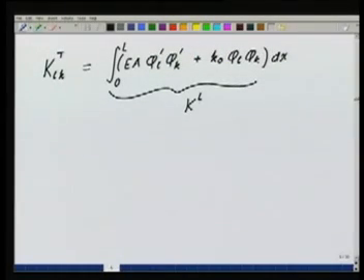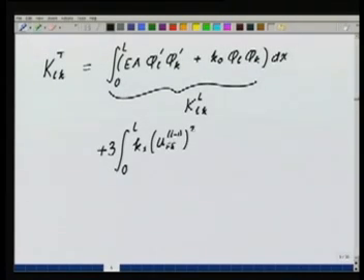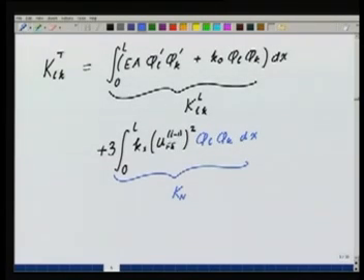Once you have created this part, which is your K linear LK, plus the integral from 0 to L of 3 times K_1 times U_FE at the step i−1 whole squared into φ_L φ_K dx. Okay, so this is nothing but K_LK nonlinear.